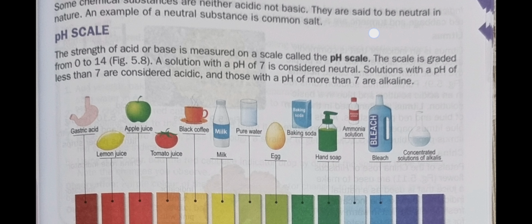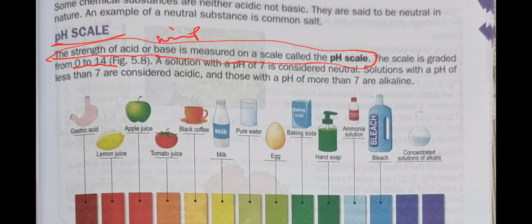Now we will learn about the pH value. What is pH value? The strength of an acid or base is measured on a scale called pH. So this is important. The scale is graded from 0 to 14. A solution with a pH of 7 is considered neutral.